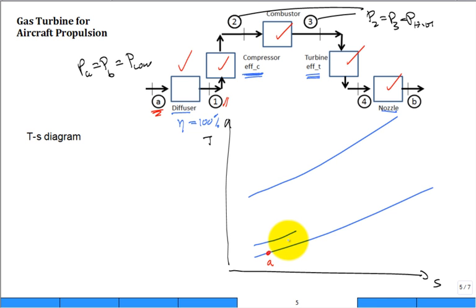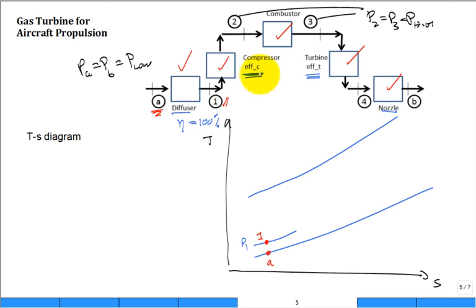But you know what? That's a different pressure line. This is the pressure at 1. And the pressure at 1 at the inlet to the compressor is not the same as the pressure at A. The diffuser slowed it down and built up a little pressure. That's what diffusers do. So this is 1 right there.